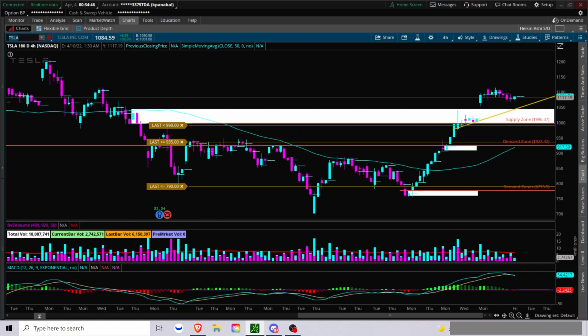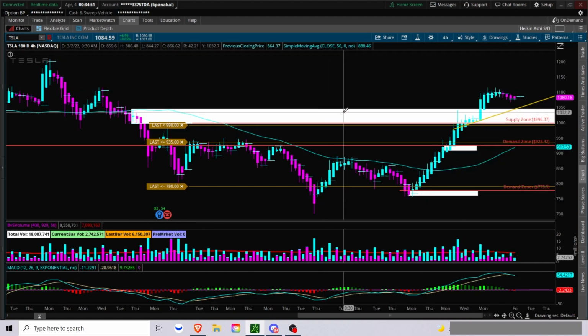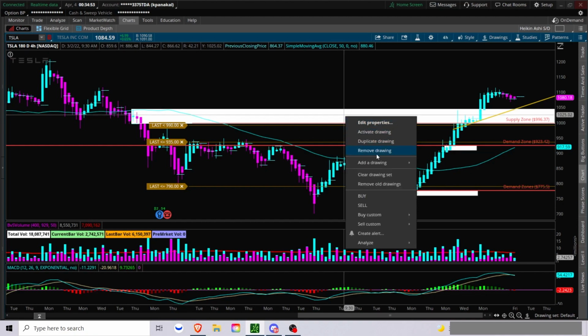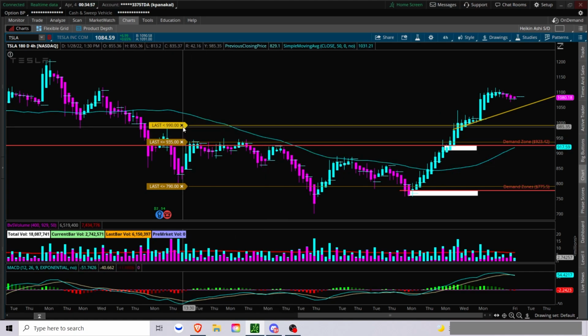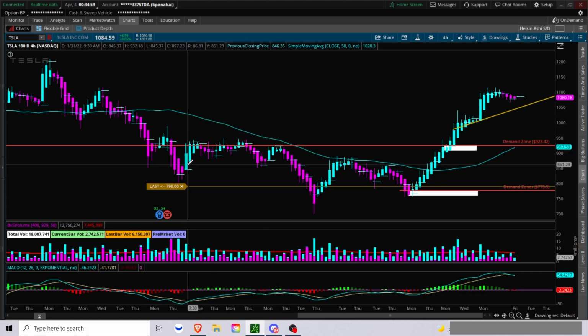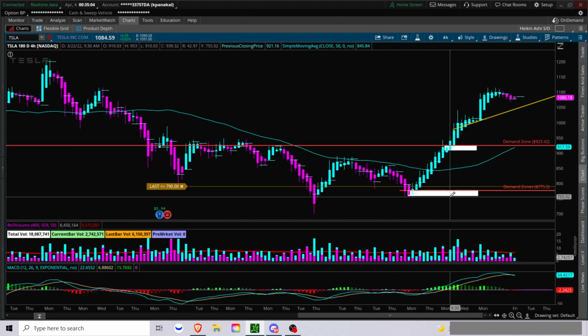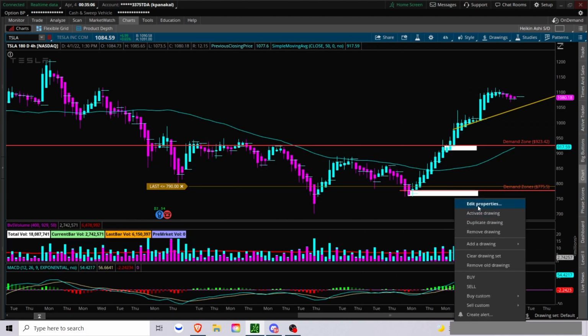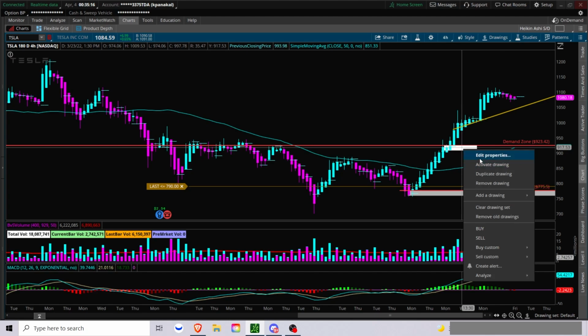Seems like I already plotted a supply zone for it, but we did break above it, so let's remove this. So you can already see I have a few zones that are still valid that are plotted out. Let me just extend them so you can see them.